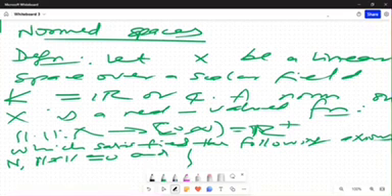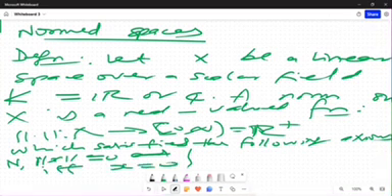And of course, that norm is zero if and only if x is a zero vector. Okay, and this will happen for all x in, of course, the domain of your function, X.